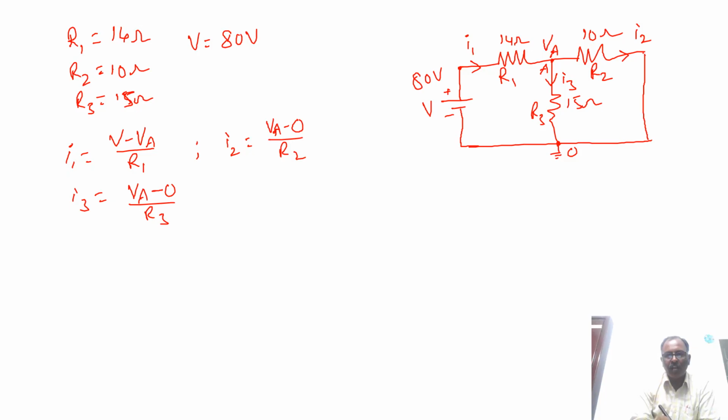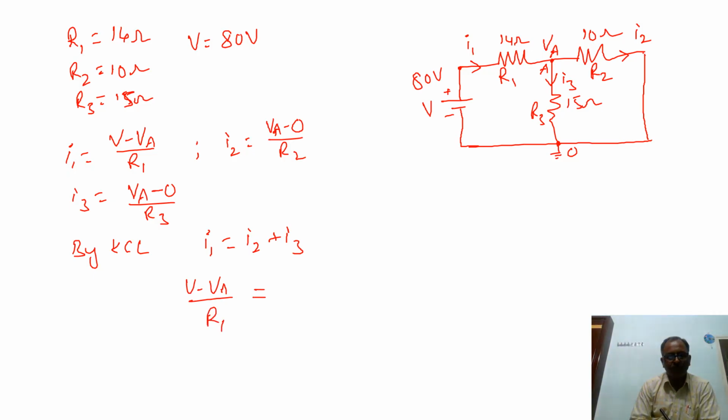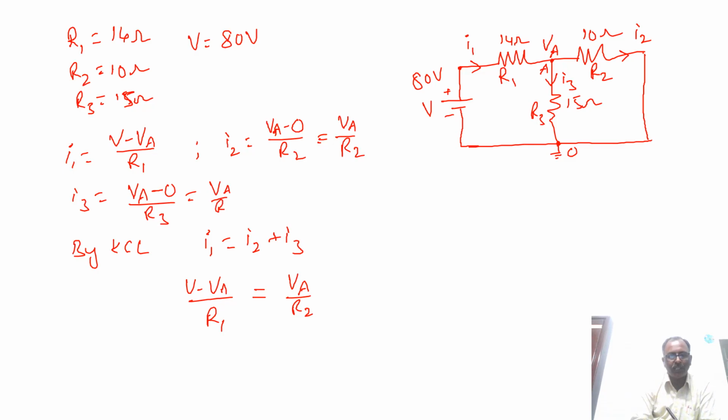Now I1 is flowing towards node A, and I2 and I3 are leaving node A. So according to KCL, we have I1 equal to I2 plus I3, and I1 is given by V minus VA by R1, equal to I2, which is VA by R2, as VA minus 0 is VA, plus I3, which is VA by R3.